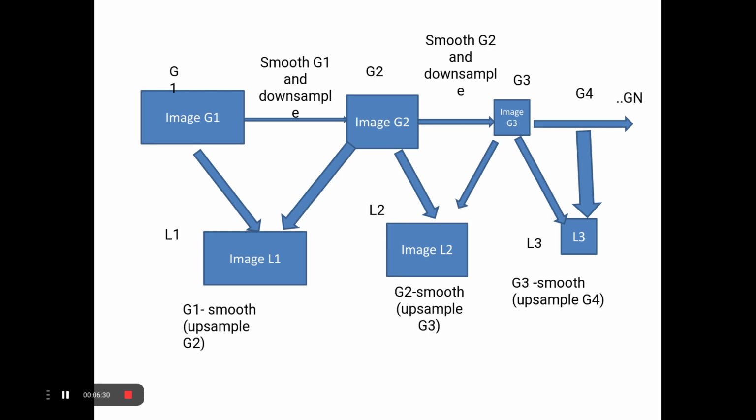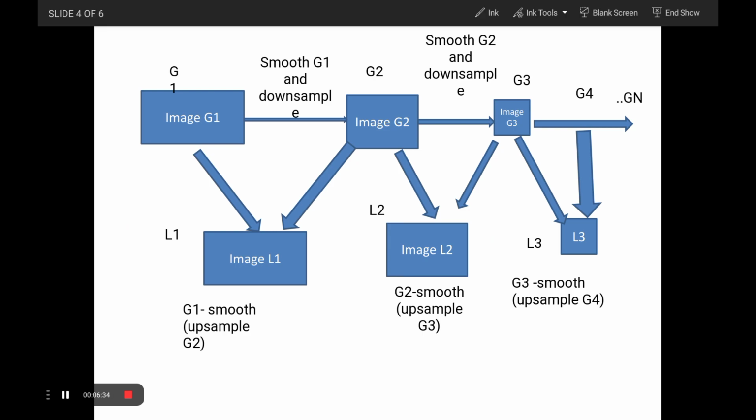So it is nothing but image pyramid. In the case of image pyramids, you just take image 1, G1. G1 represents the Gaussian image. You take the image G1, smoothen it, and downsample it.